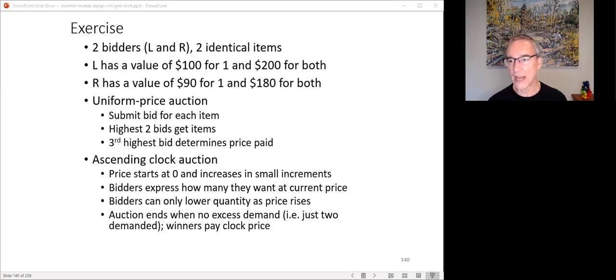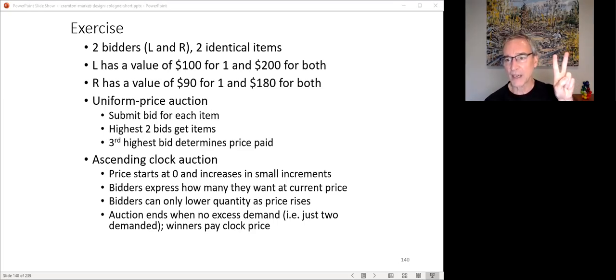Okay, so now we've got Sebastian and Isabel both wanting 2. So they've got 2 fingers up. That's what yes means. And then when they click no, that's going to be 1 unit. And then when they unclick no, that's going to be 0. Okay, so I'm starting at a price of 0.